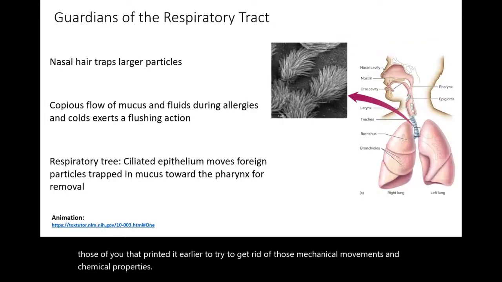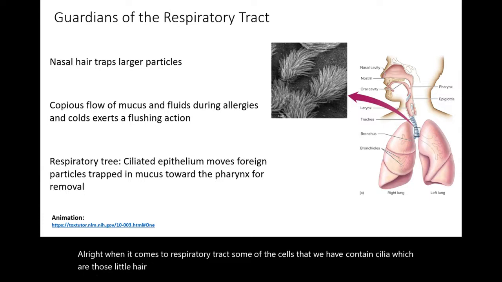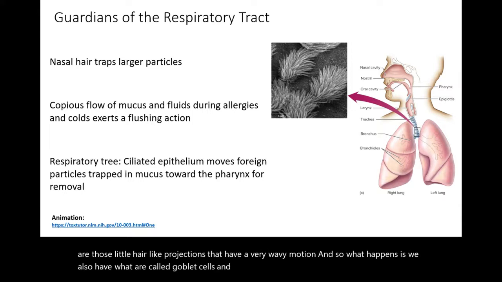When it comes to the respiratory tract, some of the cells that we have contain cilia, those little hair-like projections that have a very wavy motion. We also have goblet cells, and these cells produce mucus.